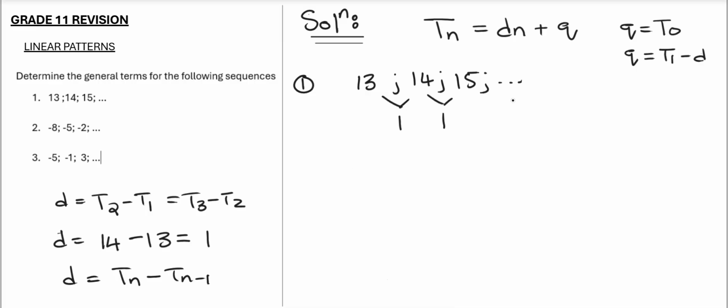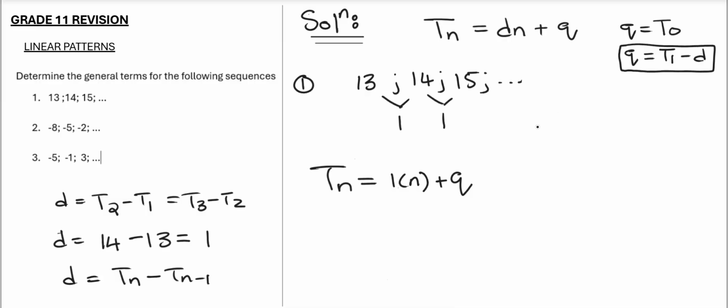Then we have to find the general term for the sequence. According to our standard format, Tn is going to be equal to 1 multiplied by n plus our Q. So we need to find our value of Q, which I already stated is equal to T1 minus our difference.